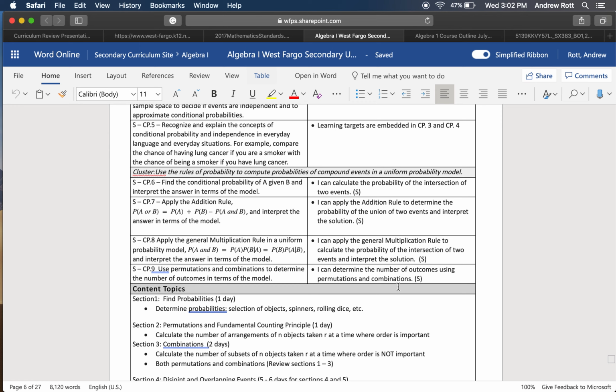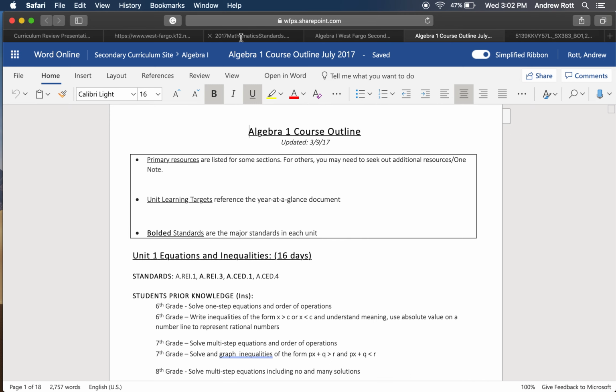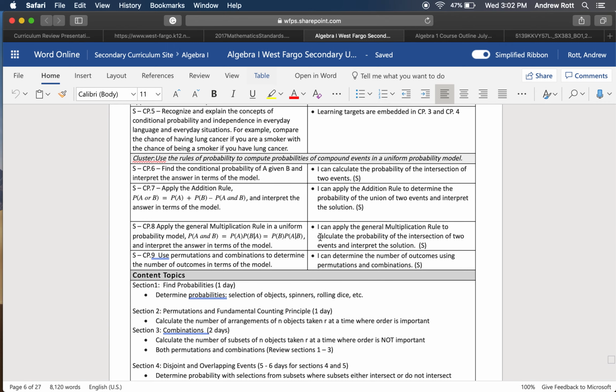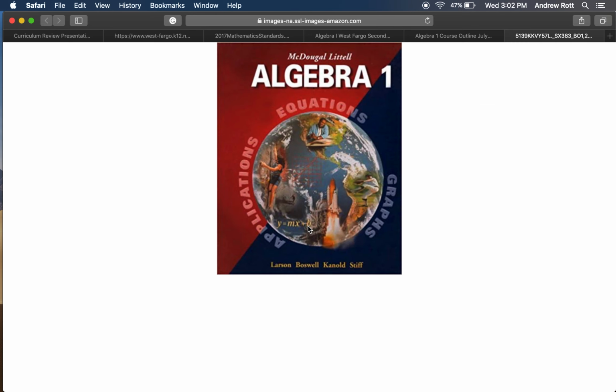As far as resources go, this is really the main resource we have. We have all the lessons written up, all the worksheets, all the assessments. We sat down and did all of that. There's no textbook. The closest textbook would be this one right here, the classic Algebra 1 from McDougall-Littell.